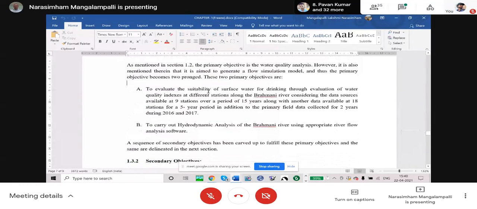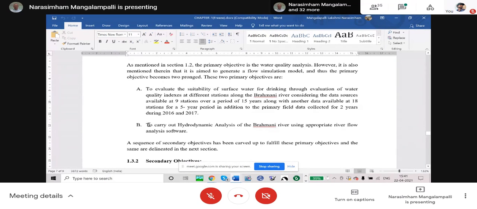To evaluate the suitability of surface water for drinking through evaluation of water quality indexes at different stations along Brahmani River, considering the data available at 9 stations over a period of 15 years, along with data available at 18 stations for a 5-year period, in addition to the primary field data collected for 2 years during 2016 and 17. So this is one objective.